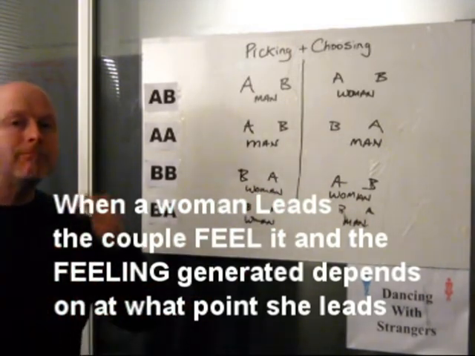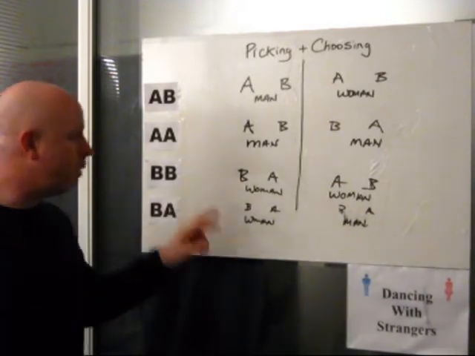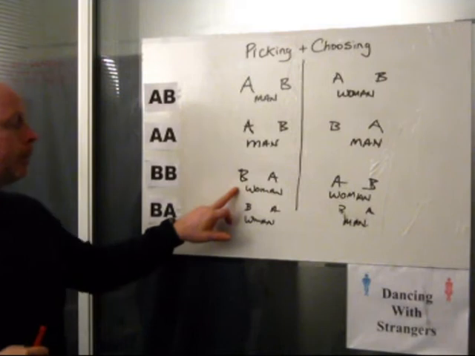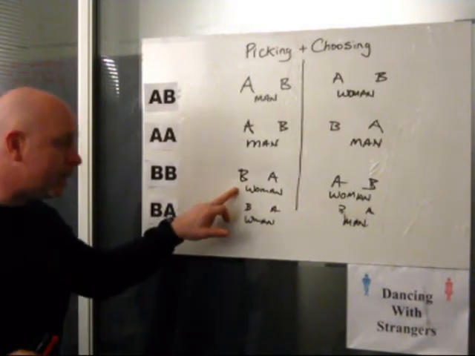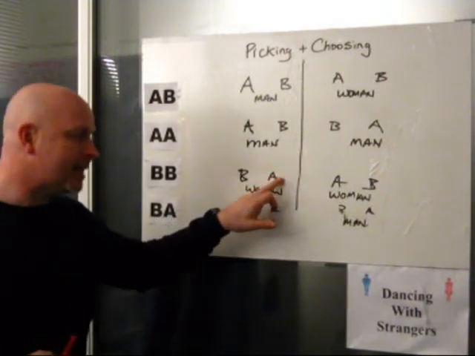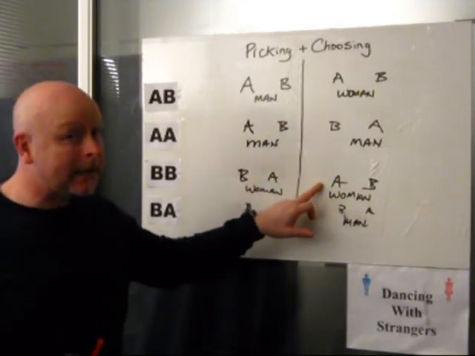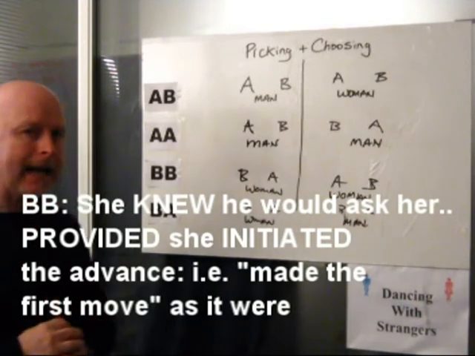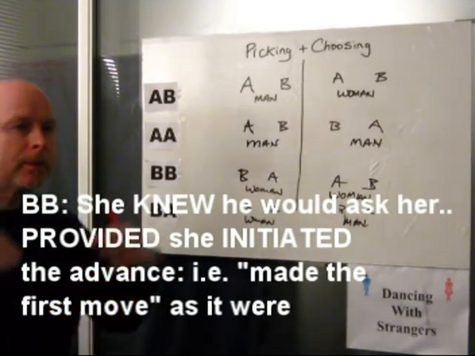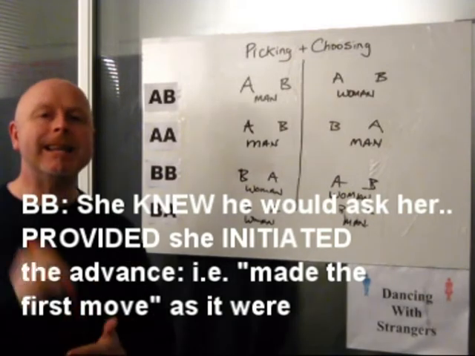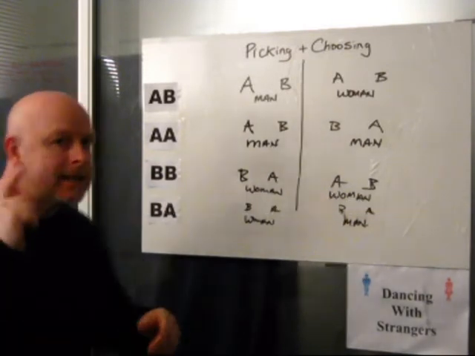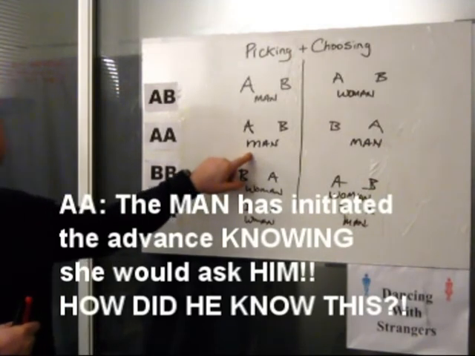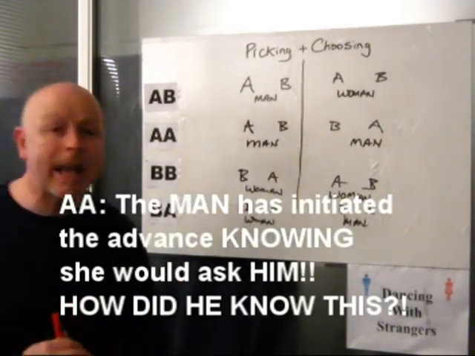Now bearing in mind the man is the one who wants to dance with the woman. For this to happen, the woman would approach the man and say, "Excuse me." He would say yes. Then he would say to her, "Would you like to dance?" And she would say yes. Think about that. She has approached him in the full knowledge that he is going to ask her. In the same way that in this situation the man has approached the woman in the full knowledge that she is going to ask him.